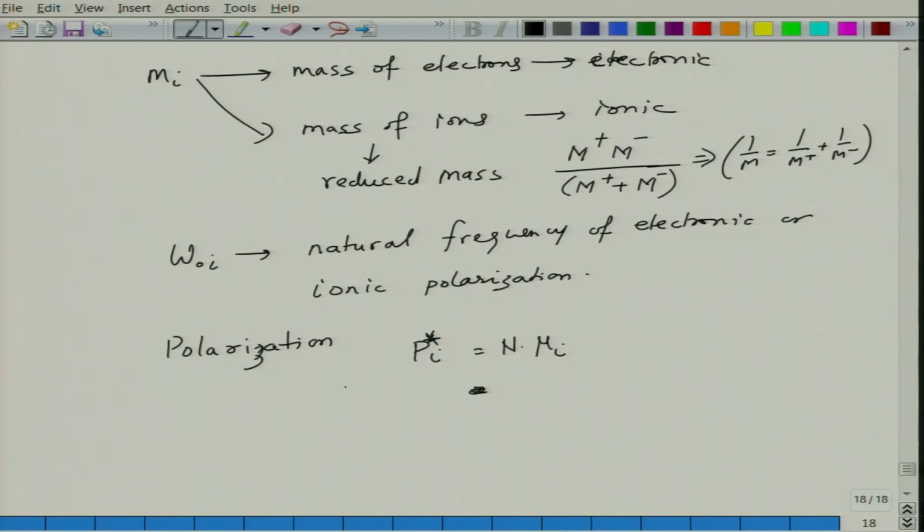Now since here we have complex terms, we know that susceptibility chi was equal to P divided by epsilon naught E. Now the susceptibility also becomes a complex quantity, because your mu is a complex quantity, as a result your P is a complex quantity, as a result your chi will also be a complex quantity.